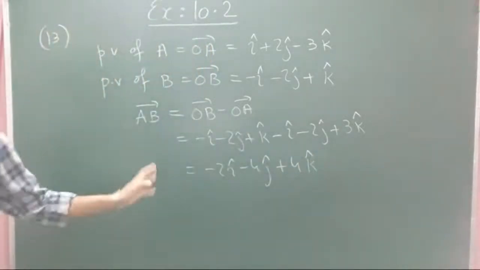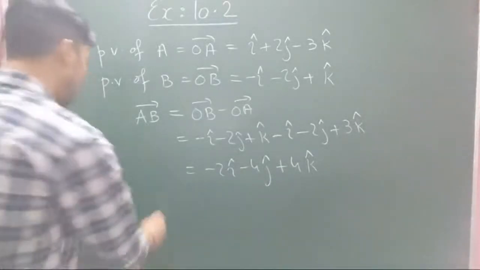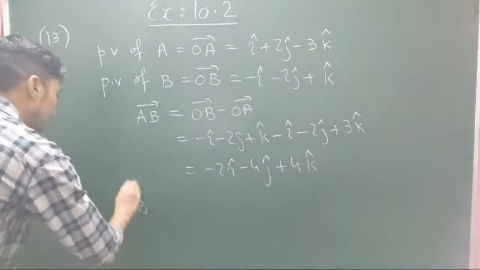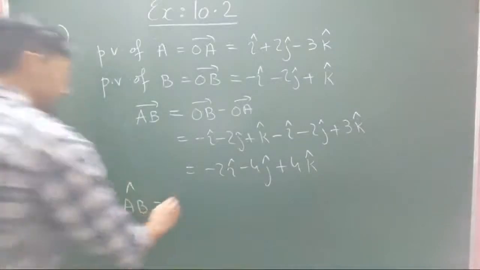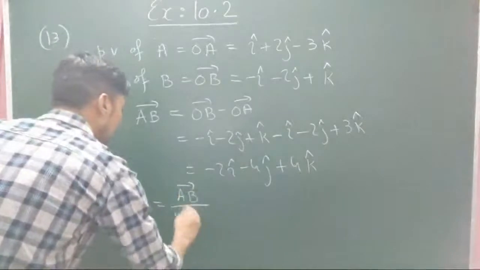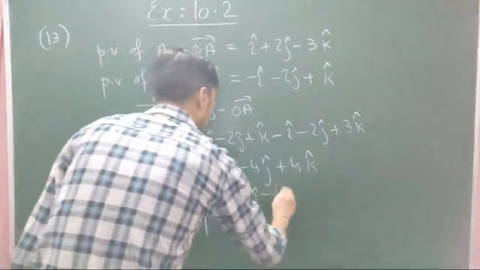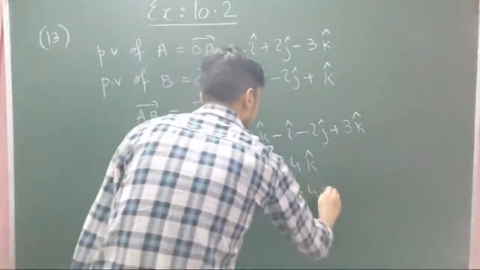This is our vector AB. Let's find its unit vector, that is vector AB cap. That would be vector AB divided by its magnitude, so minus 2i minus 4j plus 4k.